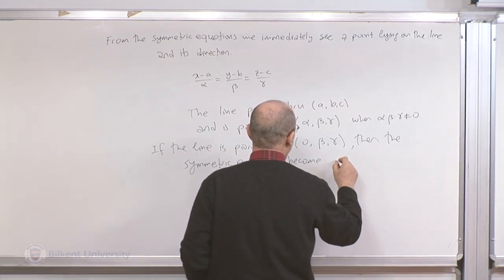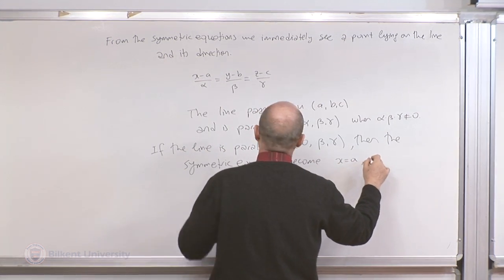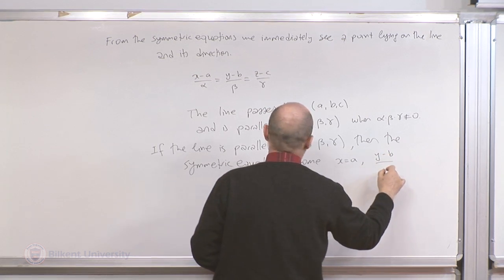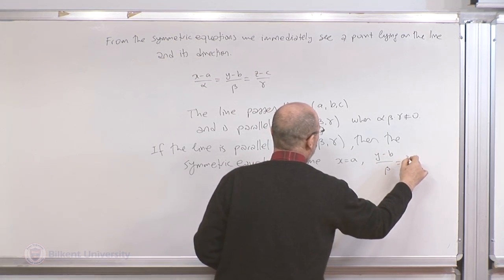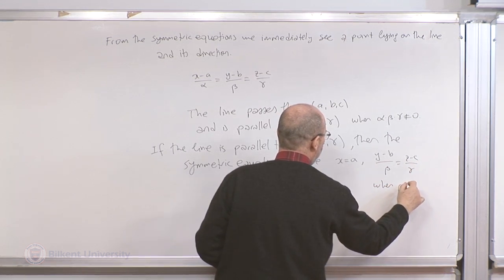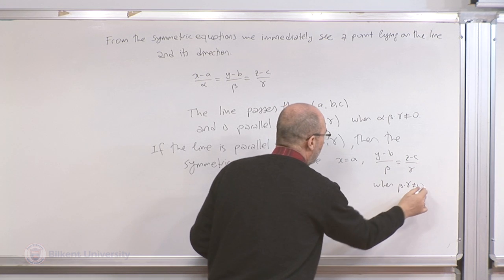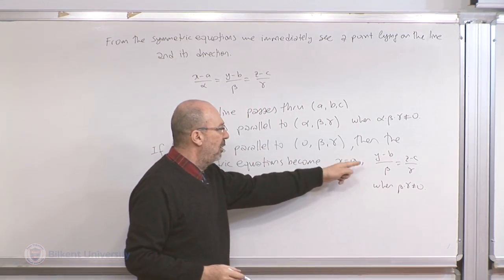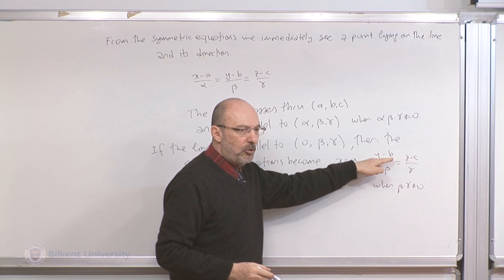This becomes x equals a, and then (y minus b) over beta equals (z minus c) over gamma when beta times gamma is different than 0. If one of them is 0 again, then you have y equals b.